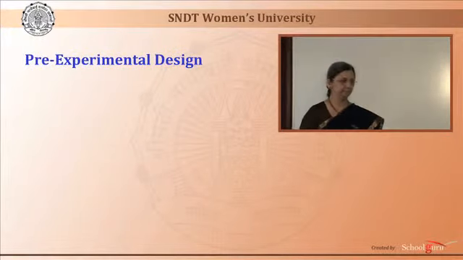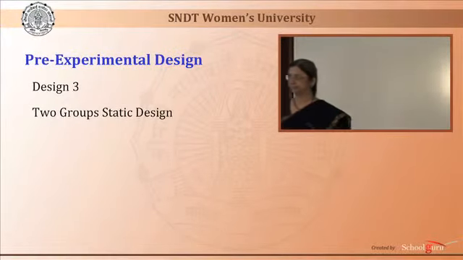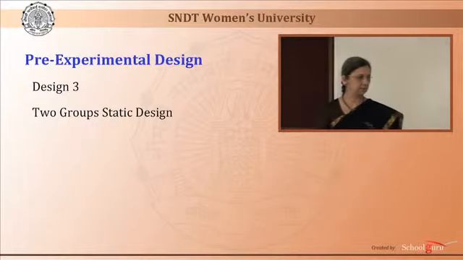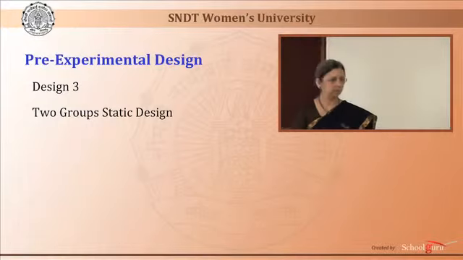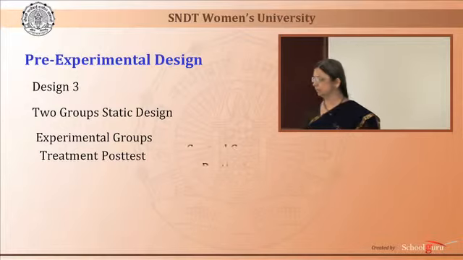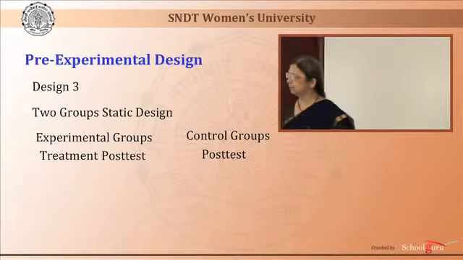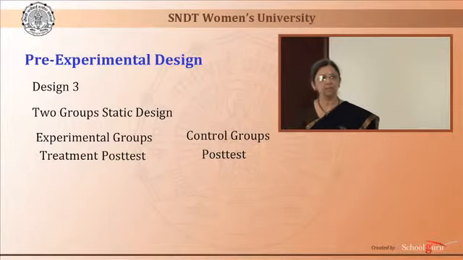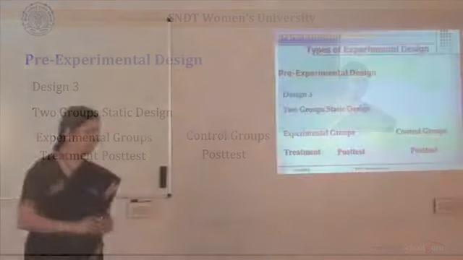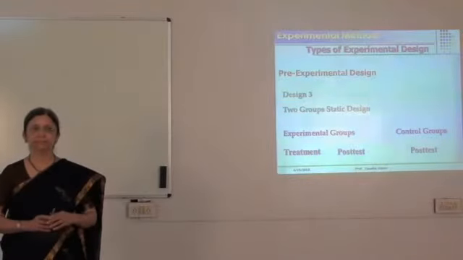Two groups, static design. What are these? One is experimental group and the other is control group. Experimental group always gets a treatment and control group does not get a treatment. But it is only post-test, static.